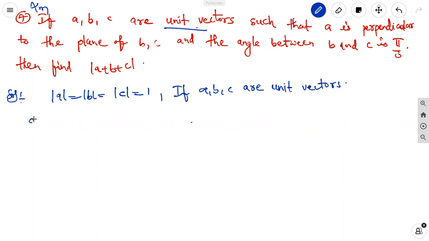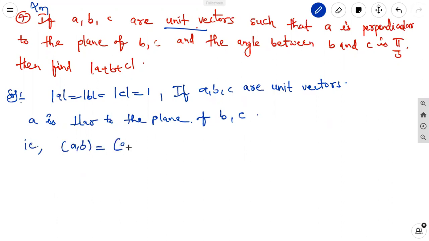Next, a is perpendicular to the plane of b, c. That is nothing but angle (a, b) equal to angle (a, c) equal to 90 degrees. Perpendicular means 90 degrees. Okay. That is nothing but cos of (a, b) is 90, cos of (a, c) equal to 90.